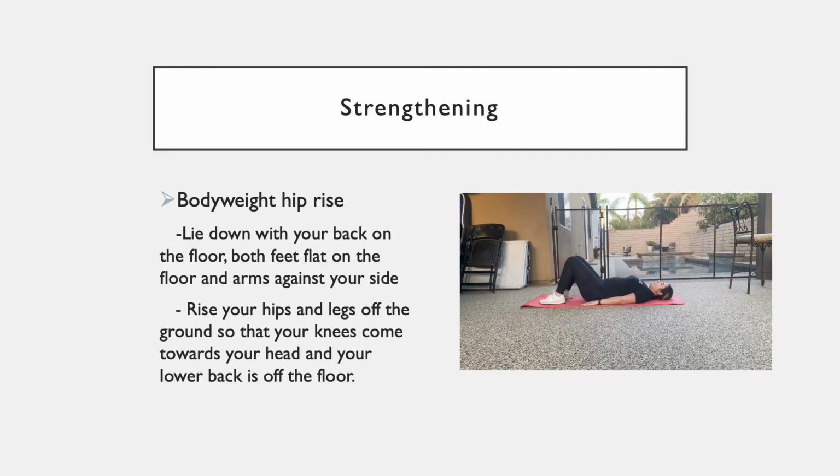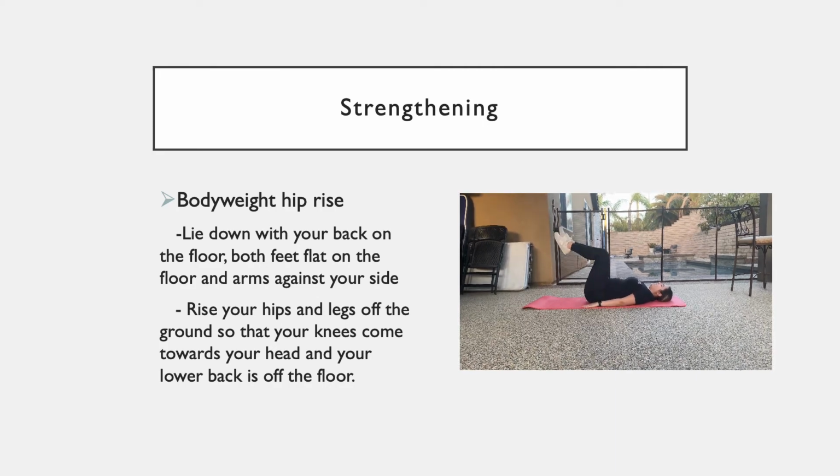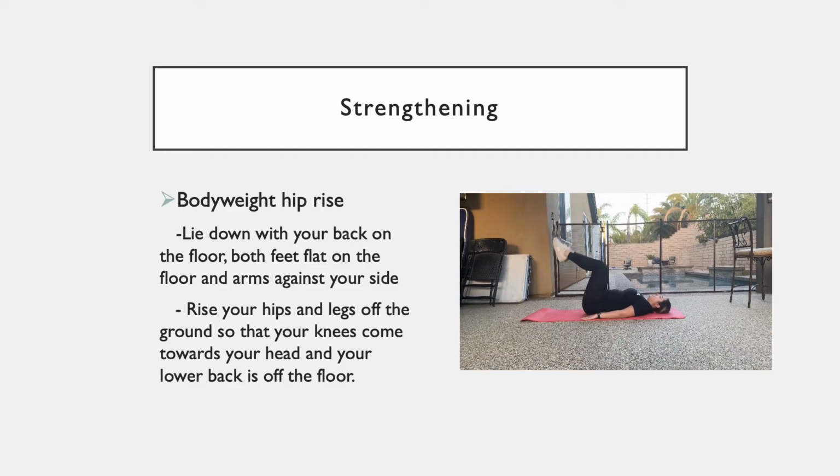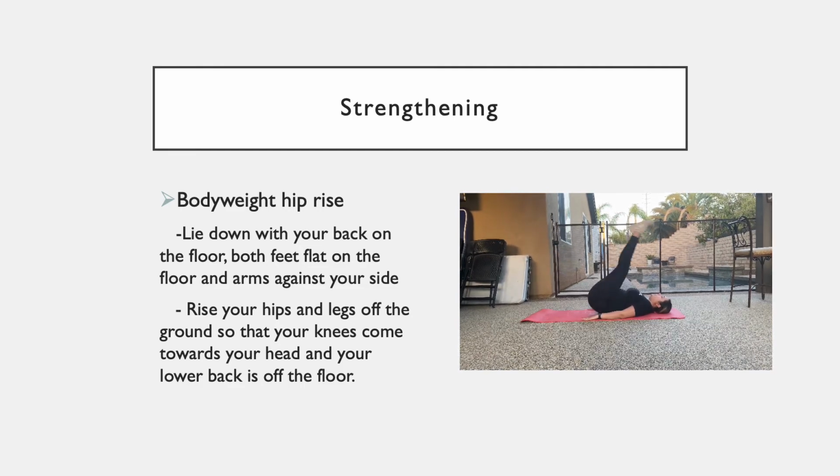So the last strengthening exercise is going to be body weight hip raises. So you're going to want to lay with your back on the floor, feet flat on the floor, and arms against your side. Raise your hips and legs off the ground so that your knees come forward and your head and lower back is off the floor.